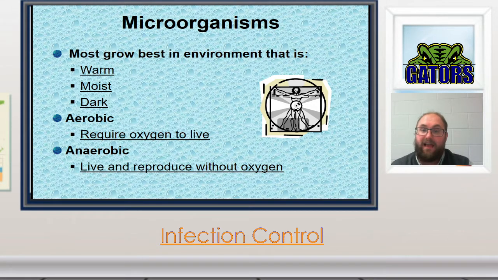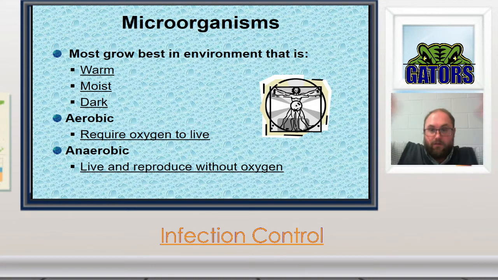Now, most of the time, we would think that all of these living things would need oxygen to live. But we break up our microorganisms into separate categories, the ones that need oxygen and the ones that don't. Microorganisms that need oxygen, we call aerobic.